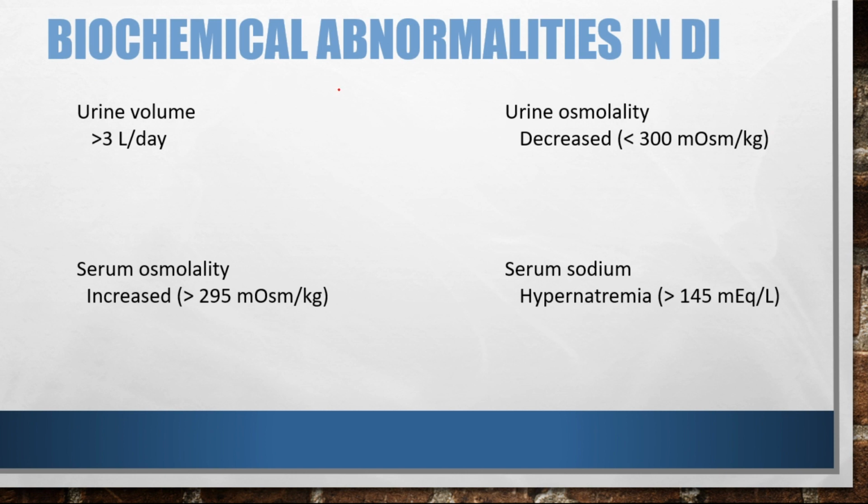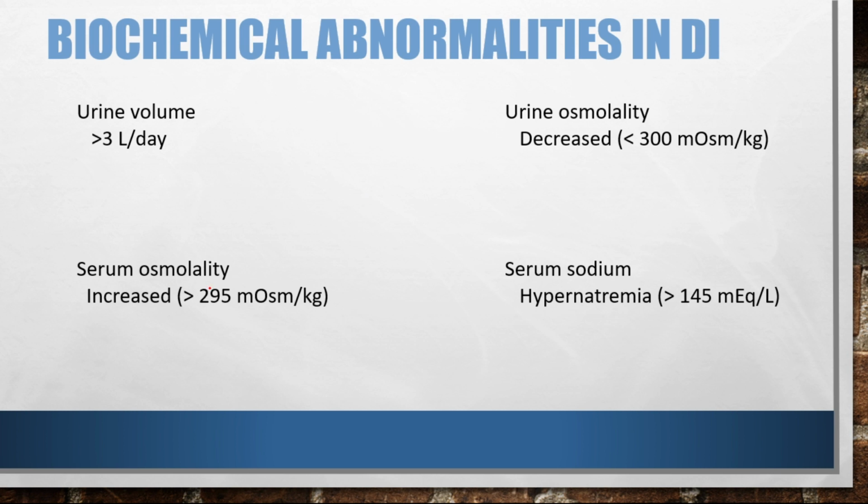These are the biochemical abnormalities in diabetes insipidus. The urine volume is increased by more than 3 liters per day, and surprisingly sometimes it can reach even up to 20 liters per day. The urine osmolality is decreased as there is more water in the urine, and it is less than 300 milliosmol per kg, whereas normally urine osmolality is between 300 to 900 milliosmol per kg.